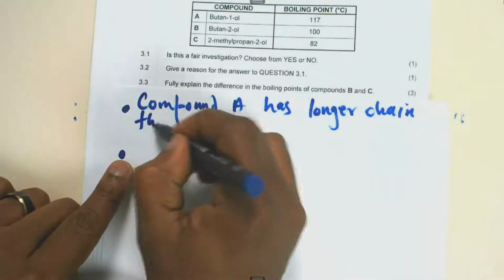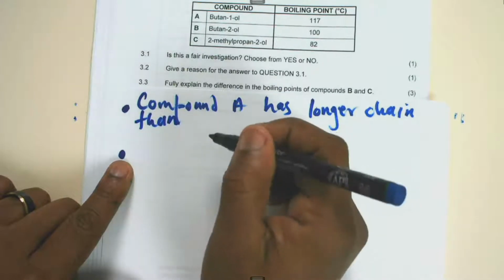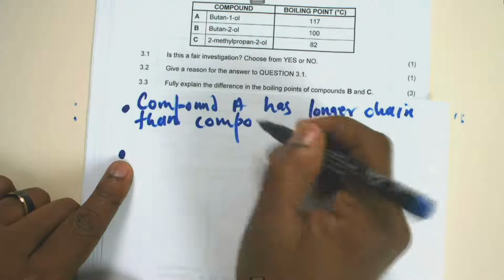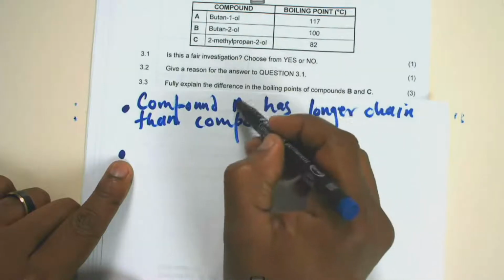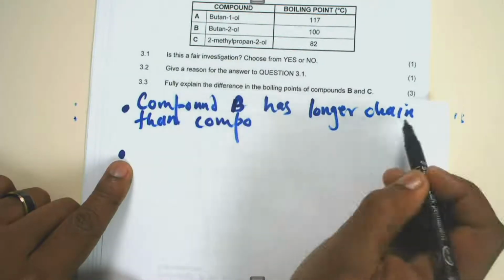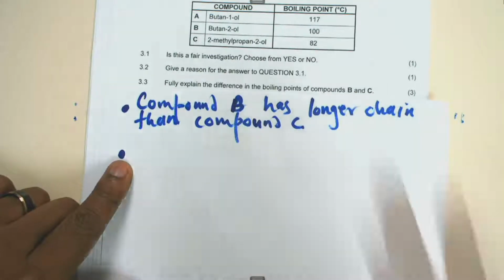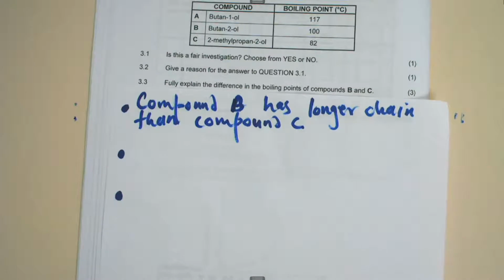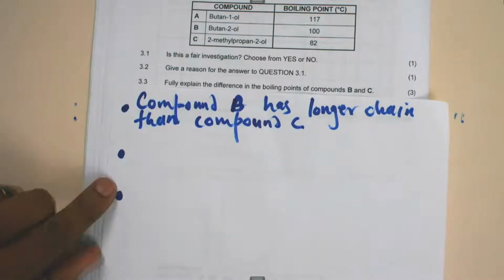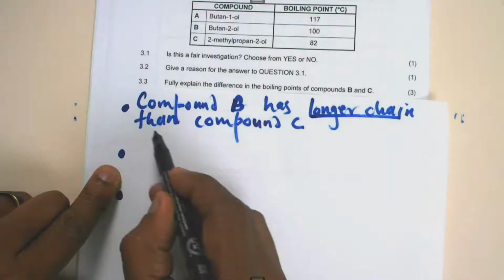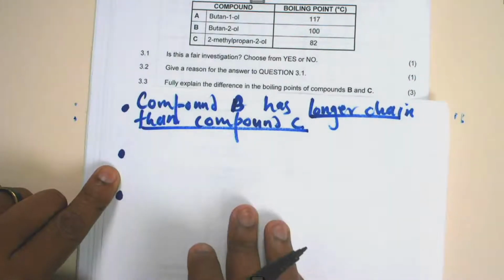than compound B. Compound B has a longer chain than compound C, because the question said we must compare B and C. Thereafter comes the question: what does this mean in terms of the strength of the intermolecular forces?